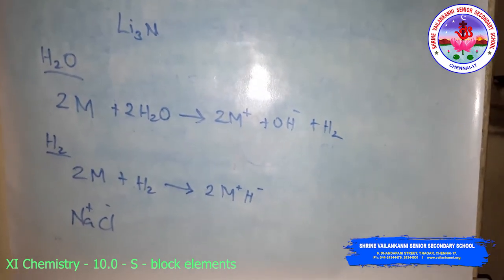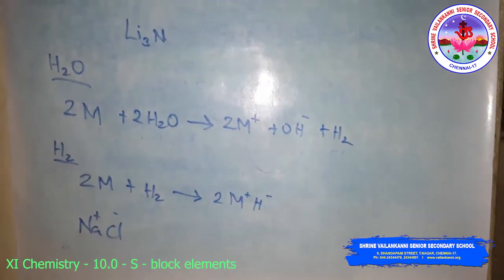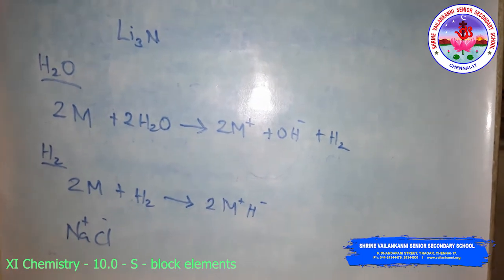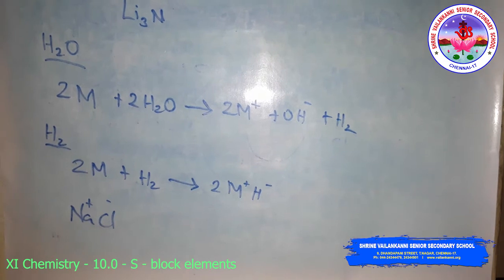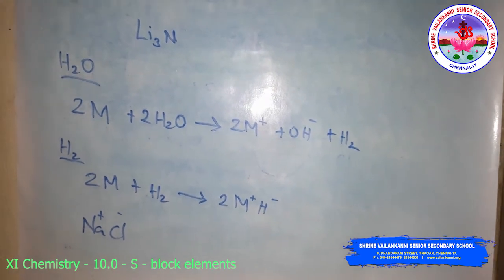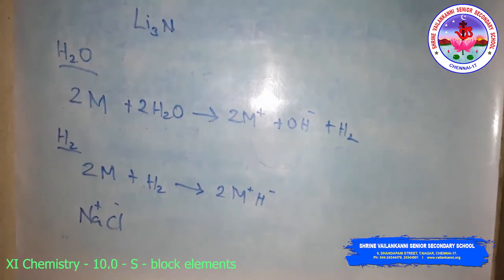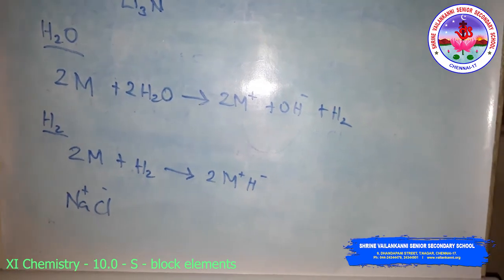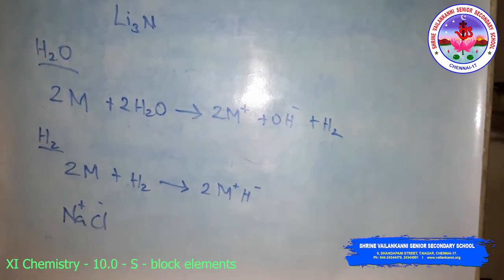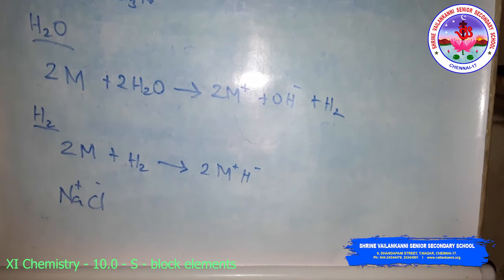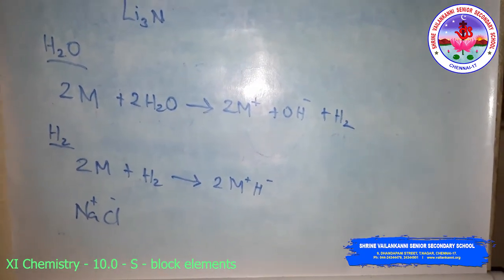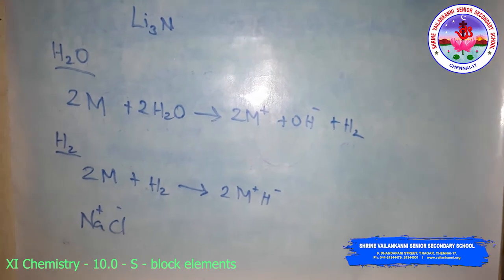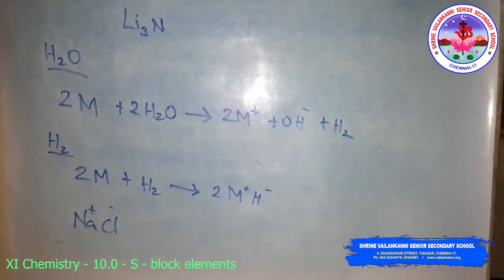Here the lithium halides are somewhat covalent because of the high polarization capability of the lithium ion. The lithium ion is very small in size and has a high tendency to distort the electron cloud around the negative halide ion. Since an anion with large size can be easily distorted, among halides, lithium iodide is the most covalent in nature.